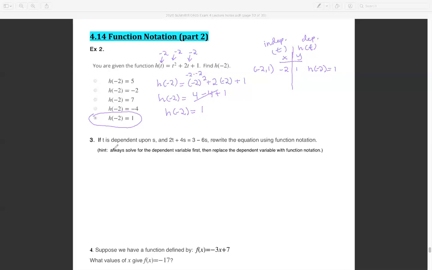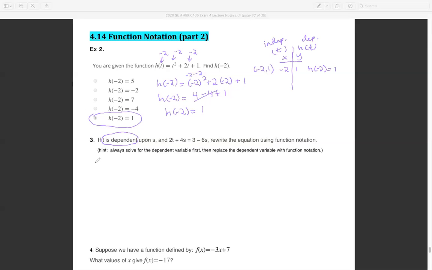Right, for number 3, if t is dependent upon s, so t is the dependent variable, and 2t plus 4s equals 3 minus 6s, rewrite the equation using function notation. Hint, always solve for the dependent variable first, then replace the dependent variable with function notation.